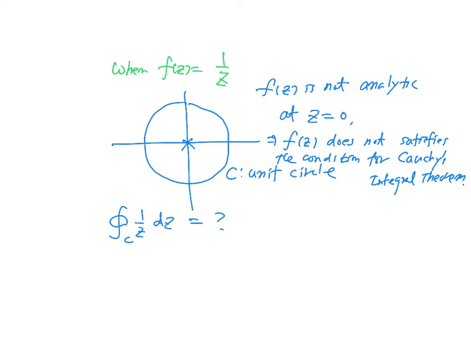So we can do some trick. z is exponential i theta, because we have said C is a unit circle. So unit circle, point on the unit circle. So unit circle is a circle with a radius of 1.